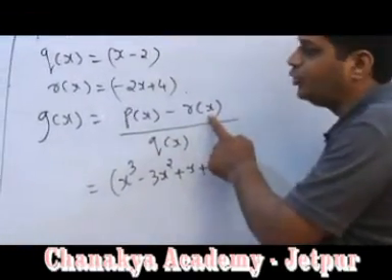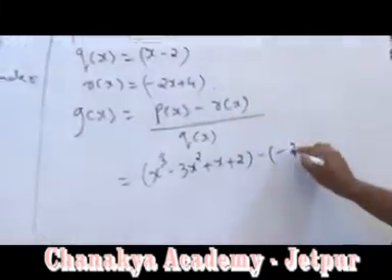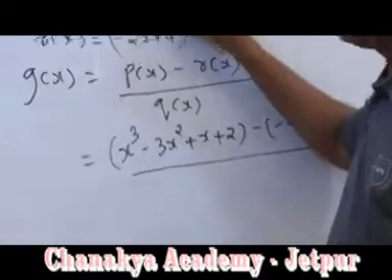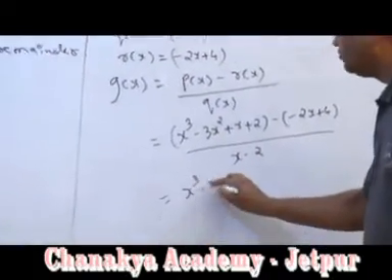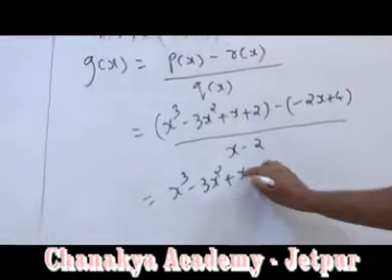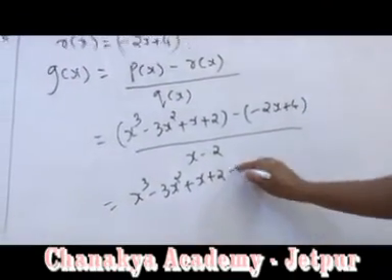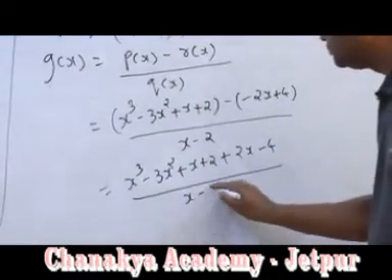That is the remainder polynomial. Already we have the value of r of x, minus 2x plus 4, divided by q of x. Q of x is x minus 2. X cube minus 3x square plus x plus 2. Now removing the bracket, we get plus 2x minus 4 divided by x minus 2.